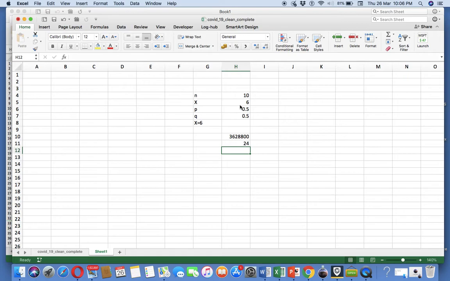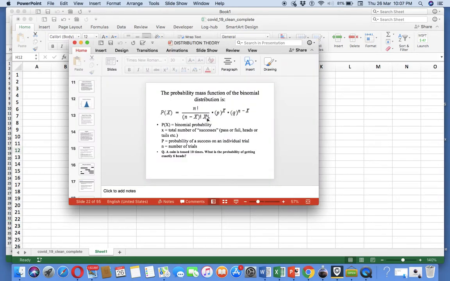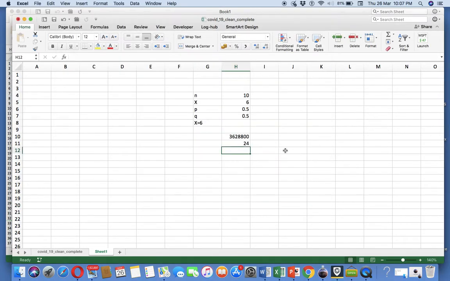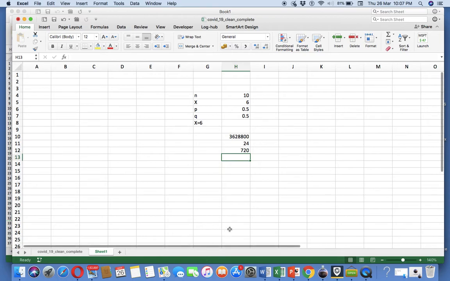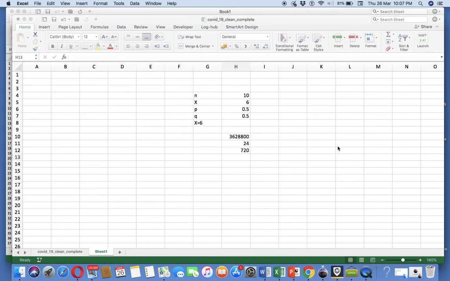That's the second part of the formula, multiplied by x factorial, which is 6, multiplied by p raised to the power of x, q raised to the power of n minus x.